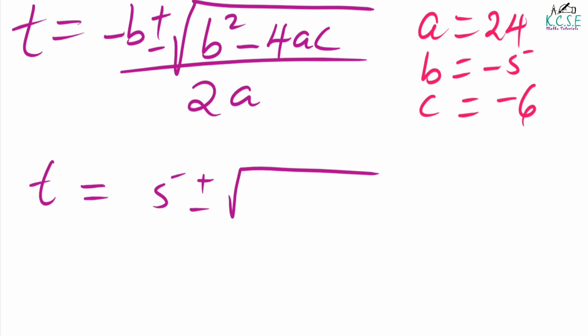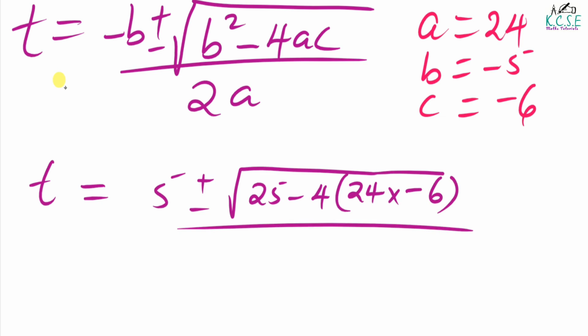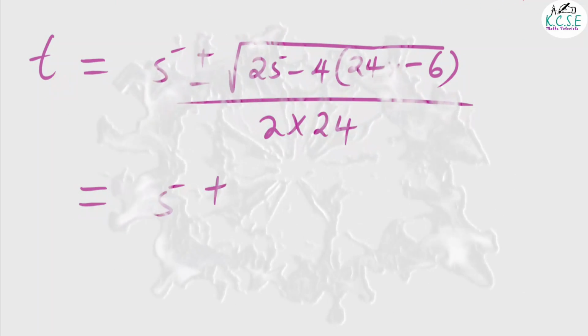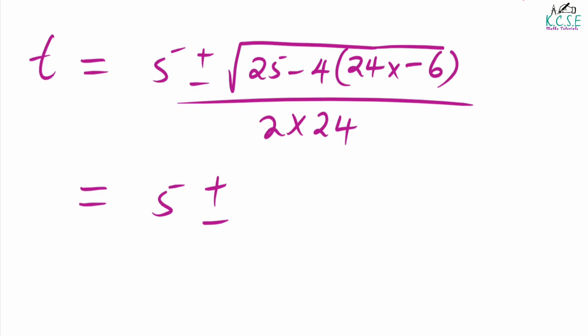the square root of this. So this b squared will be 25 minus 4 times a, which is 24, times c, which is negative 6. Close the bracket. Then the denominator is 2 times 24. So this gives 5 plus or minus everything inside the bracket.